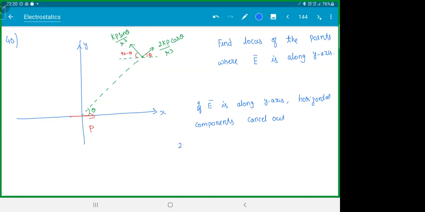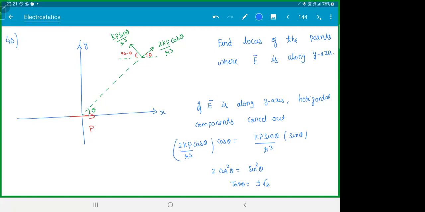That means 2kp cos theta by r cube into cos theta equals kp sin theta by r cube into cos 90 minus theta. So we end up with 2 cos square theta is equal to sin square theta. So we get tan theta is equal to plus or minus root 2.